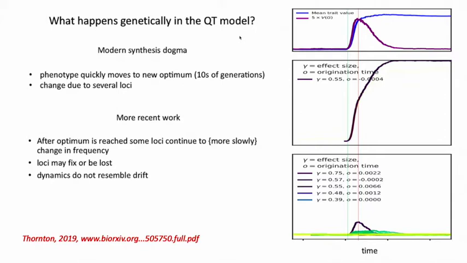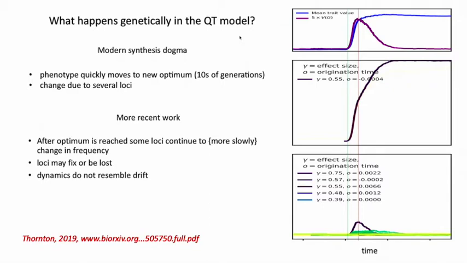Here's one here, here's another here. And then once the population gets close to that new optimum phenotypically, things get really interesting. So you might think, right, your intuition might be that once it gets to the new optimum, all these alleles are now neutral and will just drift. But in fact, that's not what happens at all.